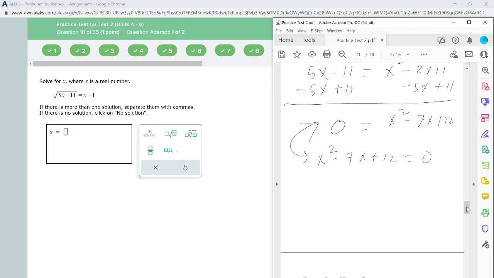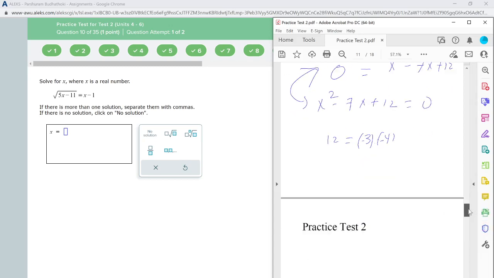We can solve a quadratic equation by using the quadratic formula, by completing the square, or by factoring. In this case, I'm using factoring with the AC method. So here you can see 12. 12 can be factored as 3 times 4 or negative 3 times negative 4. And if I add negative 3 and negative 4, that gives me negative 7.